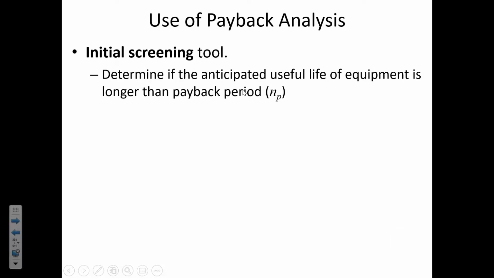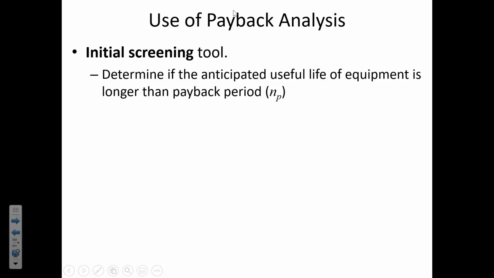So how would we use this analysis? We've talked about decision criteria on several occasions this semester, and how, for example, the decision criteria on benefit cost analysis is that if the ratio is greater than 1, then the project is potentially justified. So that's an example of a decision criteria. The decision criteria in payback analysis is we can only use this for initial screening to find out if the equipment is potentially suitable.